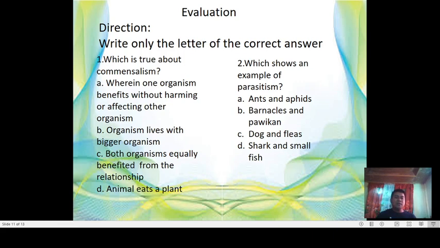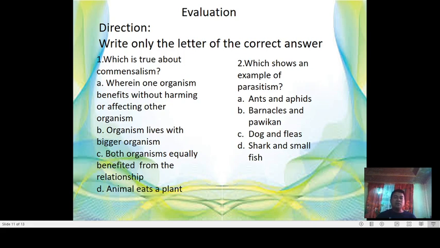Letter B, organism lives with bigger organism. C, both organisms equally benefited from the relationship. D, animal eats a plant. By the way, just write the letter of the correct answer.